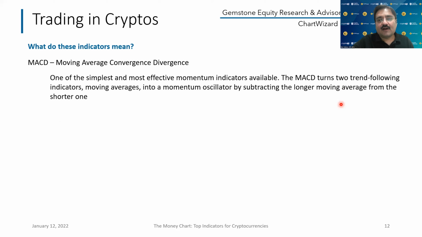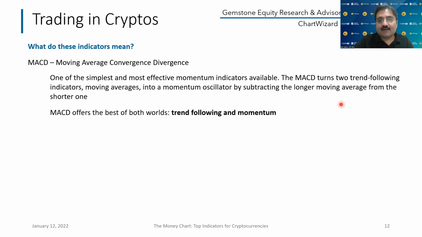How MACD is constructed is that we take the 26-period exponential moving average and the 12-period exponential moving average, and we take the difference. That becomes the MACD line, and we take another 9-period average of that MACD line, which becomes the signal line. So it offers the best of both worlds.